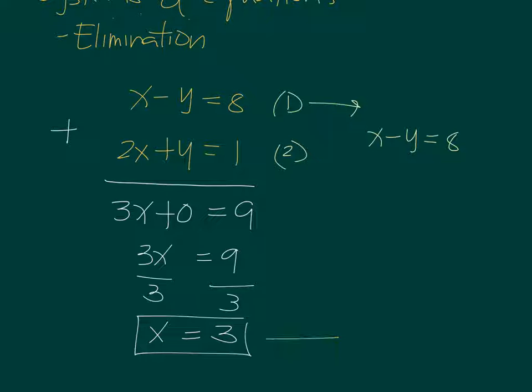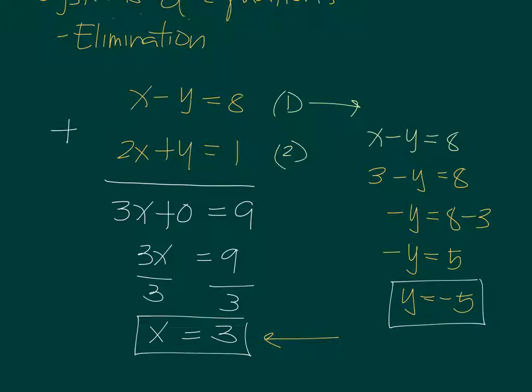Knowing that x is equal to 3, then 3 minus y is equal to 8. And then, by subtracting both sides by 3, I have negative y is equal to 8 minus 3, and negative y is 5, and then multiplied by negative 1, y must be equal to negative 5. So x is equal to 3, while y is equal to negative 5.